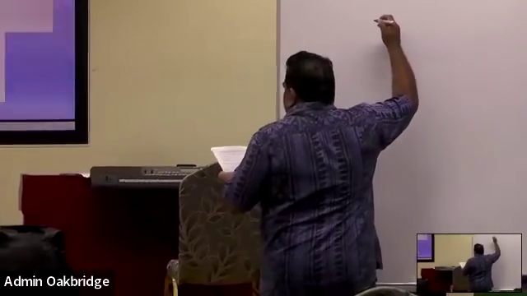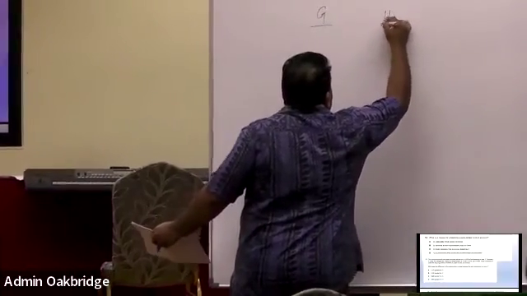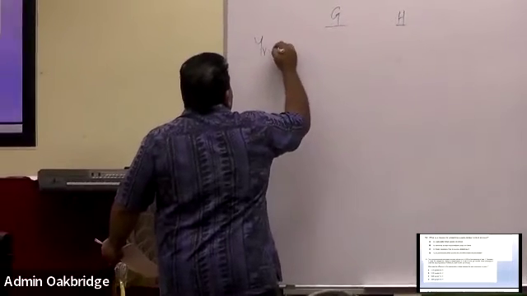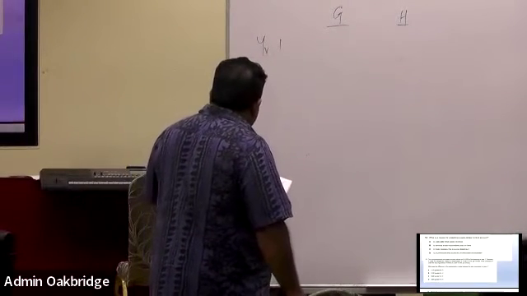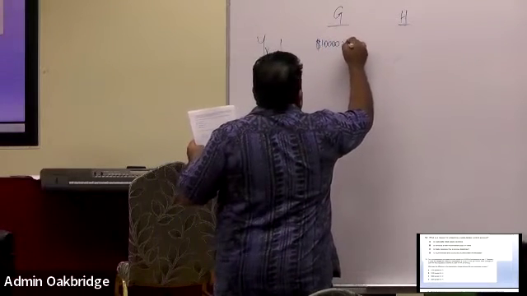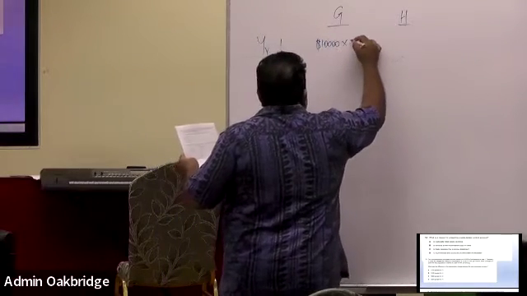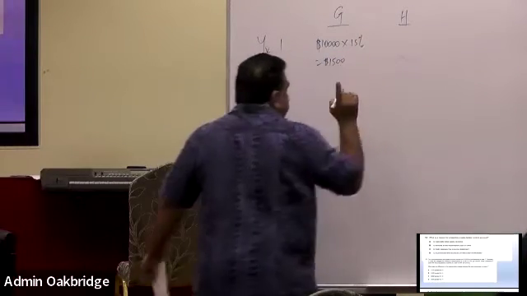Now, company G and company H. Year one. G used what? Straight line. How much? 10,000 times 15%. So this is 1,500. Don't get mixed up.